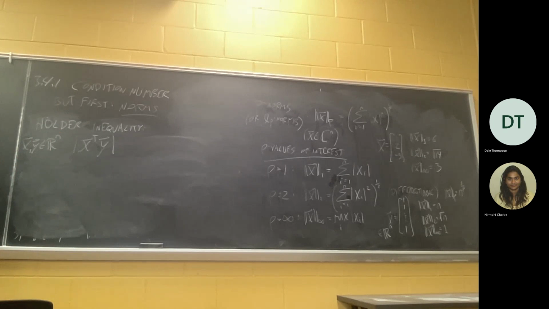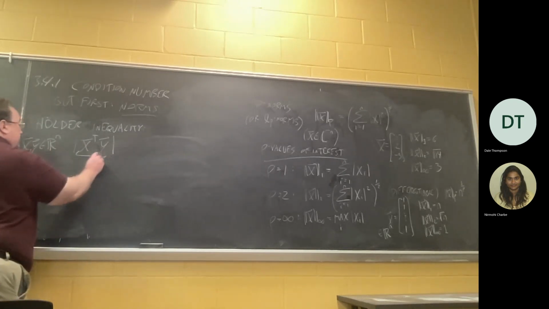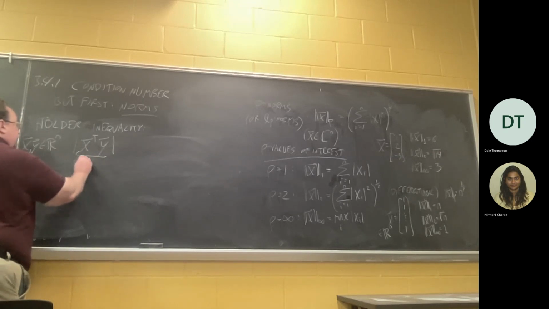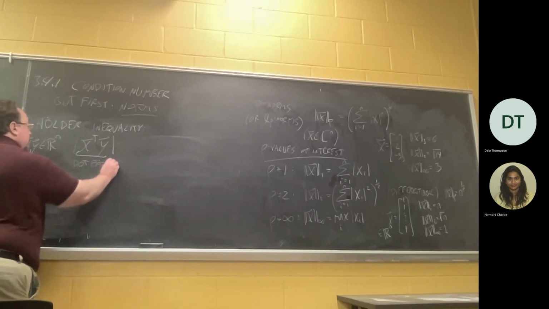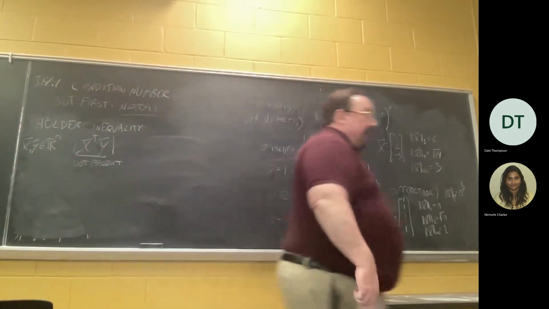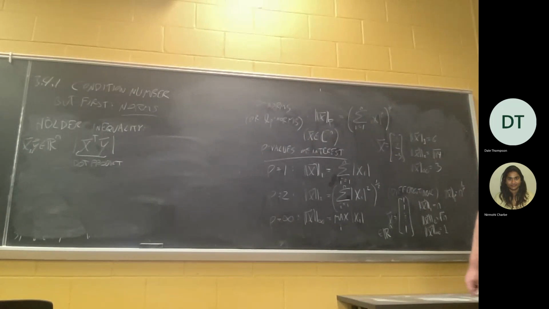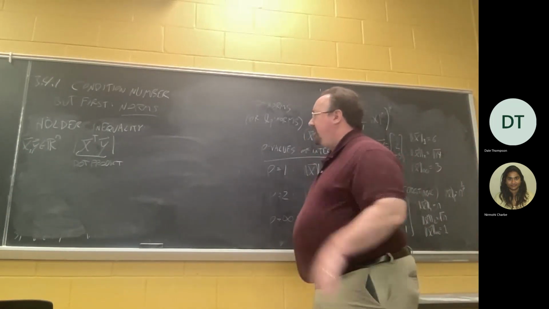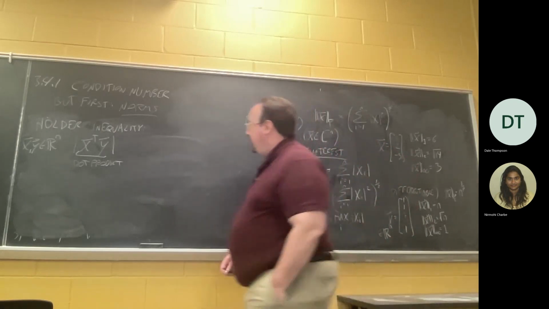So x transpose y under that assumption is the dot product. Also, the dot product is an example of an inner product. There are many inner products, but this is the most frequently used one, I guess.